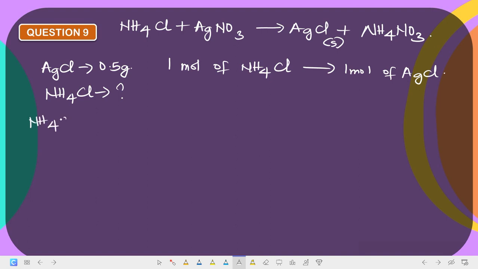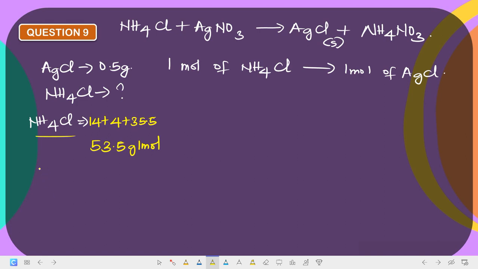Ammonium chloride would be equal to, what is nitrogen? The atomic mass of nitrogen is 14. Hydrogen is 1, 1 times 4 is 4. Chlorine is what? 35.5. Now, if you punch this in your calculator, I believe you are going to have 53.5 gram per mole. So the molar mass of ammonium chloride is 53.5 gram per mole.